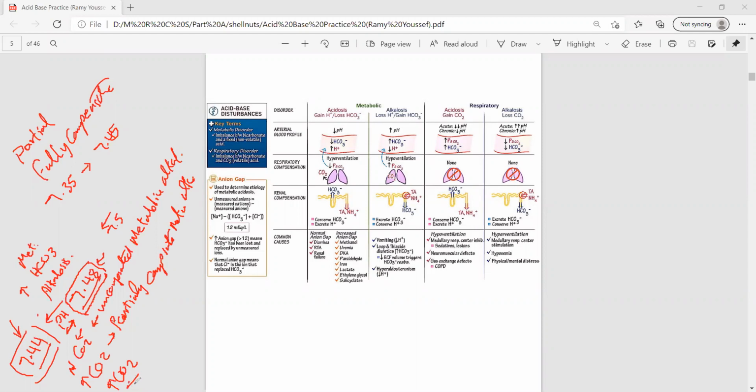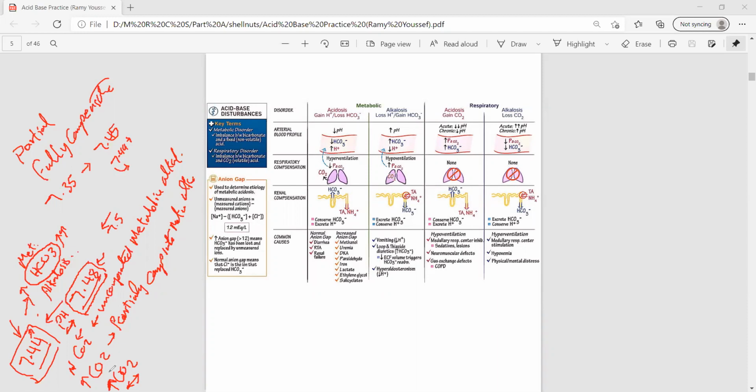And I went for the CO2 and I found the CO2 high. And I know the condition is due to HCO3 high. So I have mostly an alkalotic condition. It is here, almost here, 7.44, just before the end. So this is mostly alkalotic.